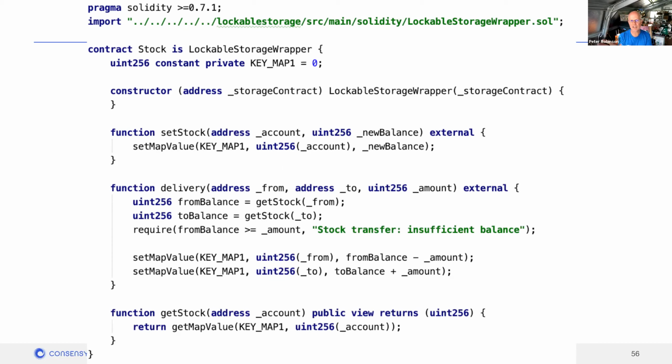And so you set that up. And then to set a value, you're setting a map value there, and you can see that you just need a parameter, which is which of our values am I updating? And you just call set map value. And then to get the value back, you go get map value. And using that, you can create some complex business logic that's lockable.